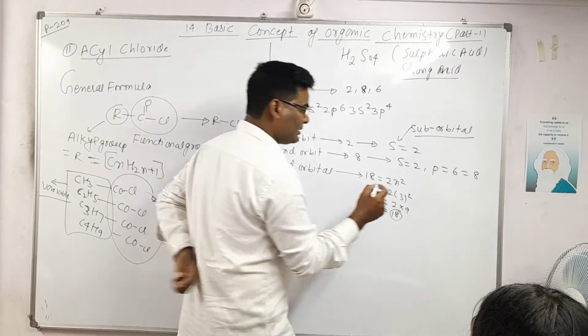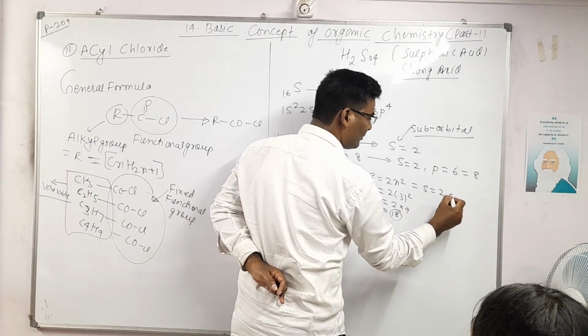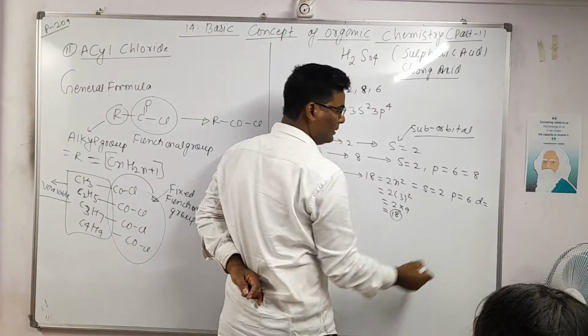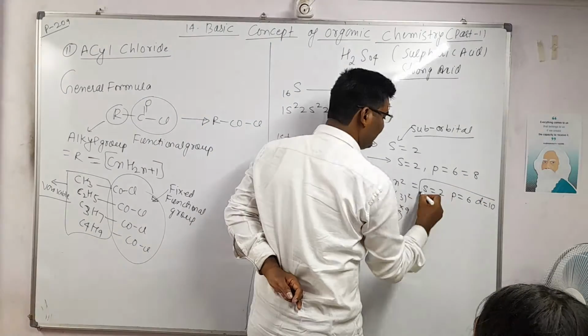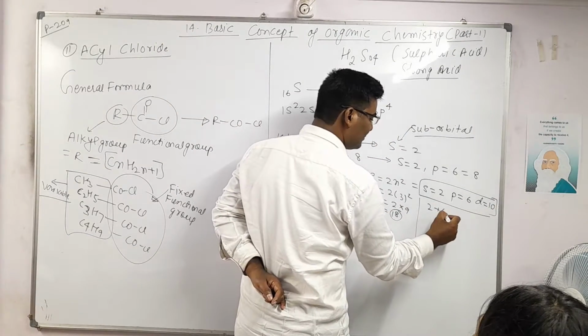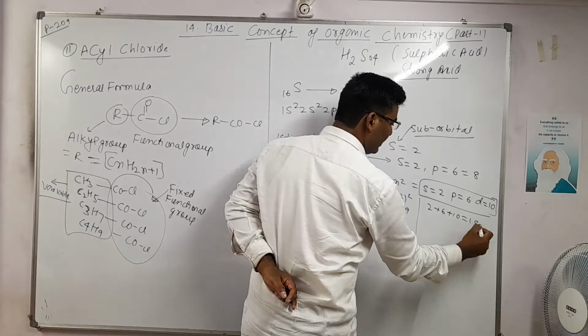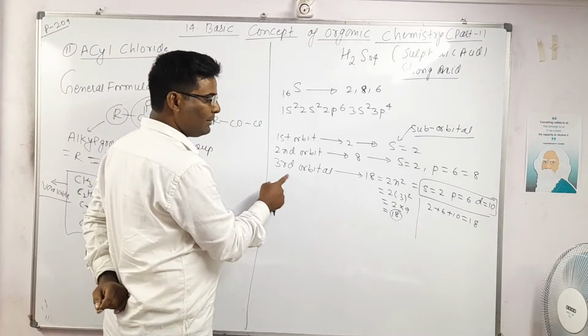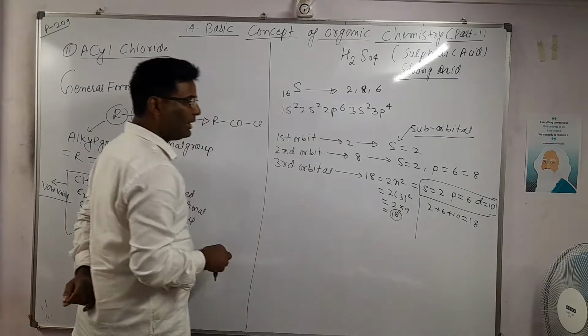Now I will distribute the electrons. S holds 2 electrons, P holds 6. So the remaining is 10. So D will hold 10 electrons. The total electrons are 2 plus 6 plus 10, how much is it? 18. So the capacity of the third orbit is 18 electrons, right?